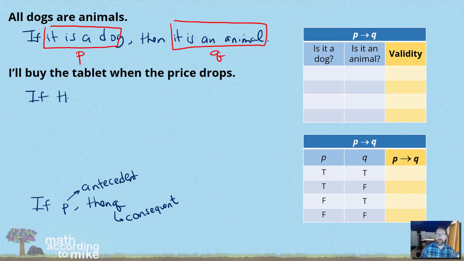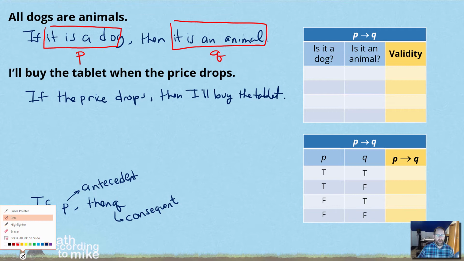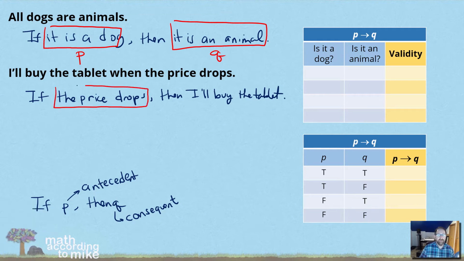So our P here is the price drops, and our Q is I will buy the tablet.